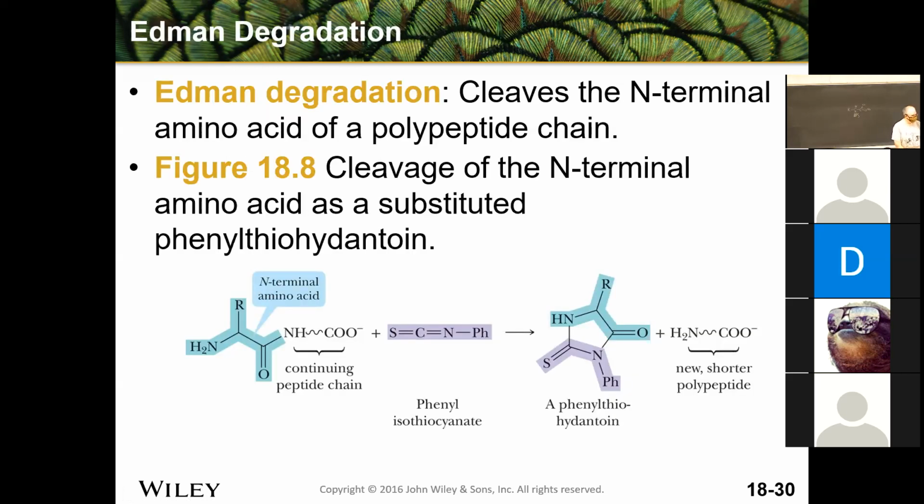And then we can remove amino acids using something called the Edman degradation. This cleaves the N-terminal amino acid of a polypeptide chain.